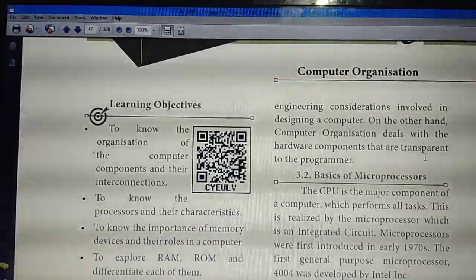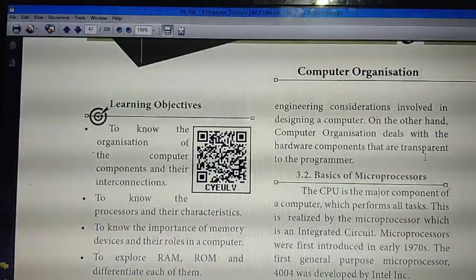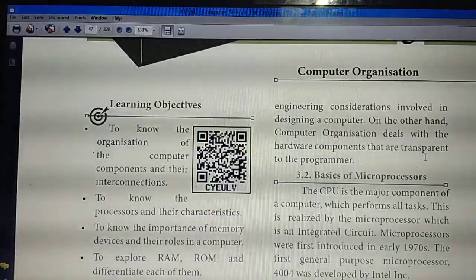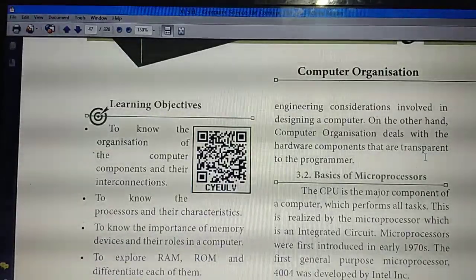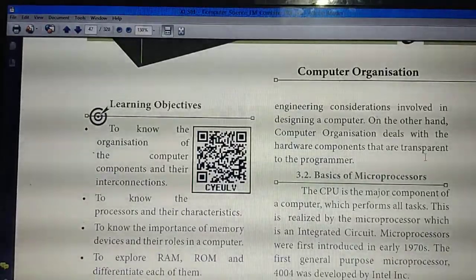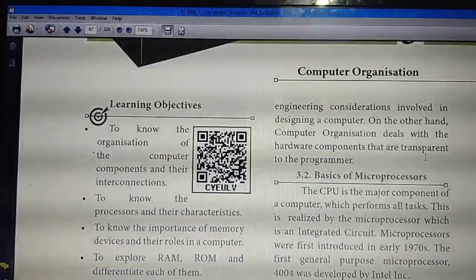Aware of, A-W-A-R-E, aware of which instruction set used. Programmer has to be aware of which instruction set used.